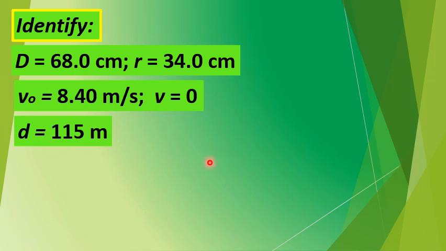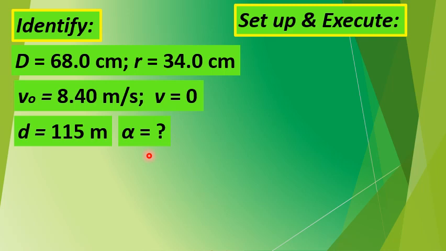Now, the linear distance traveled by this point before coming to rest is also given, 115 meters. And our target variable is the angular acceleration denoted by alpha. For our solution, we first compute the initial angular speed omega naught using the formula omega naught equals the linear initial speed v naught divided by the radius r.